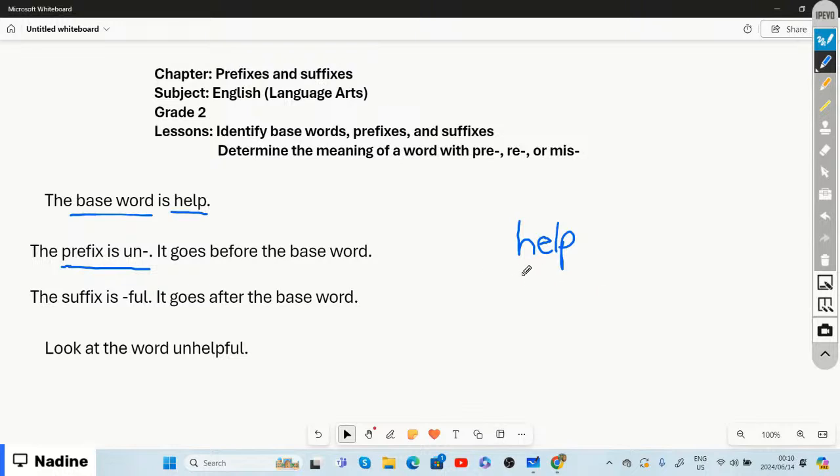So this is our base word that can stand on its own. A prefix is added here in front of a base word. That is where we add the prefix. And then we have a suffix, and the suffix is what we add at the back, just behind the base word, or at the end of the base word. And that is where we add the suffix.